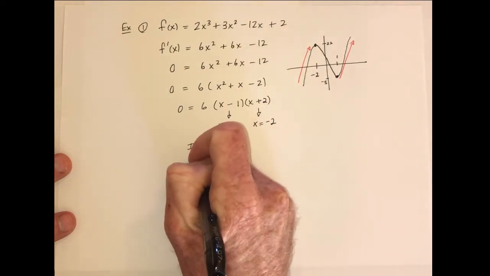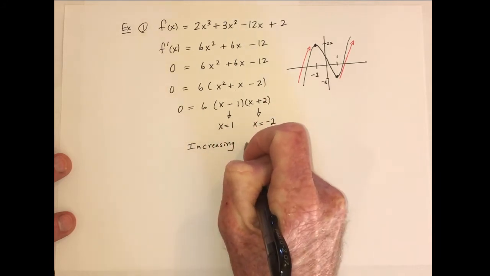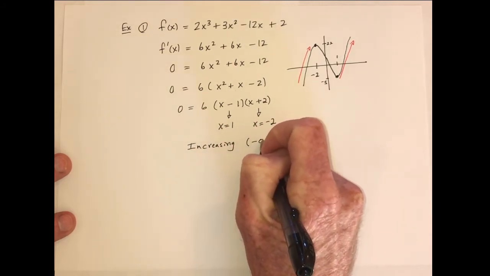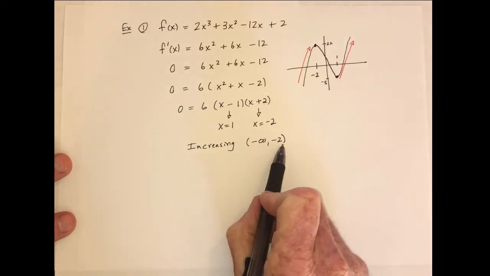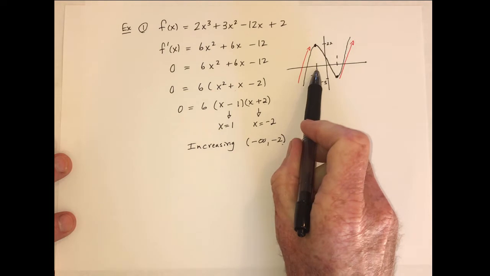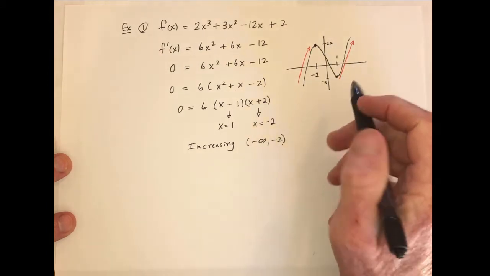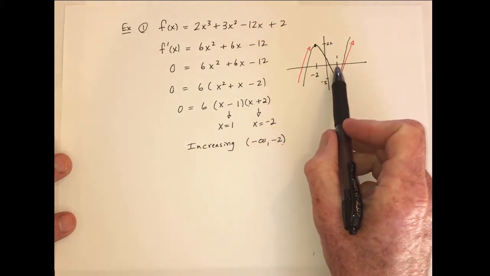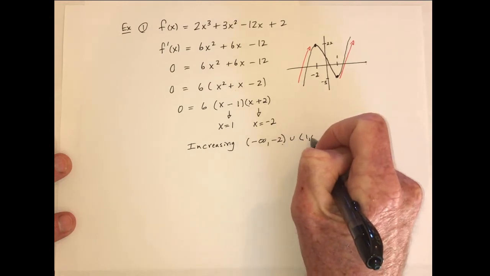So for increasing, that would be from -infinity to -2, and then this would have a round parenthesis because at -2 itself, the derivative is not positive. The derivative actually equals 0 right there. And then also from 1 to the right, so union from 1 to infinity.